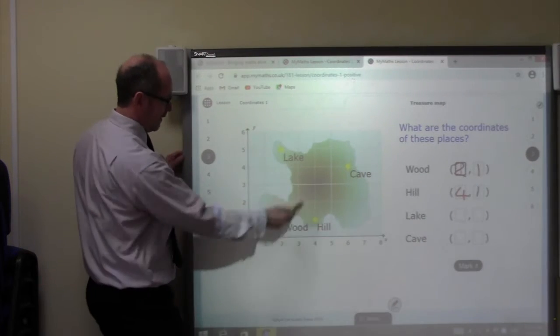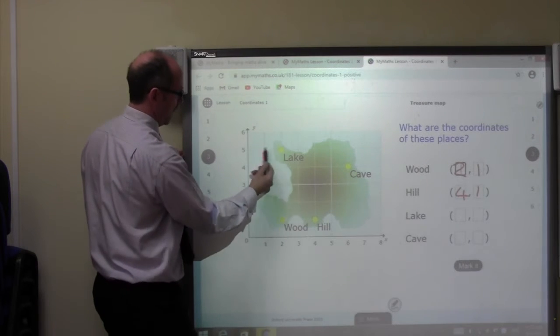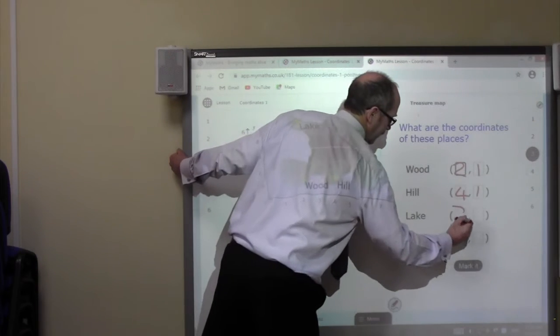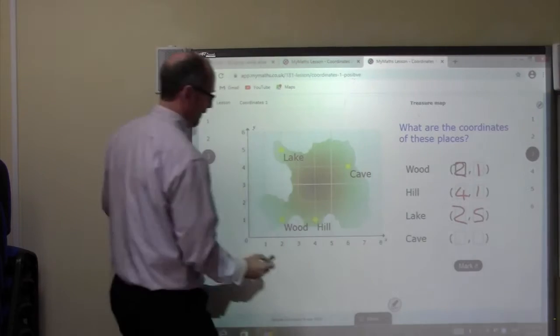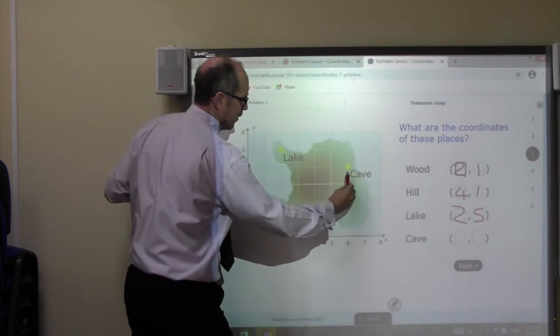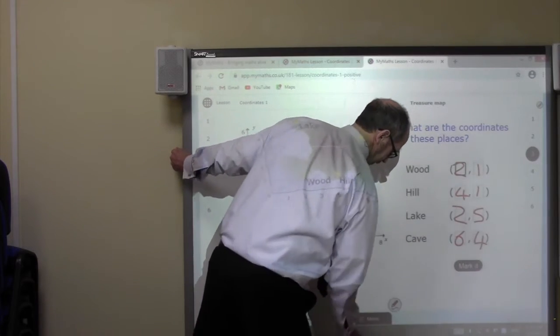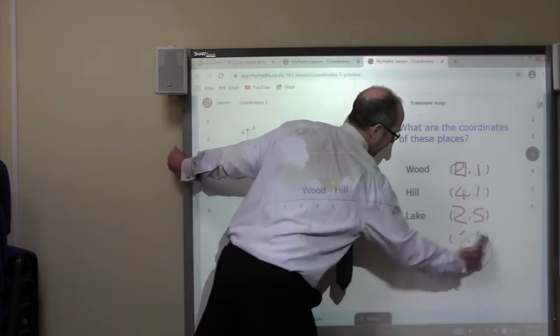Then we've got the lake over here, 2 along and 5 up. And the cave, you go along first, 6 along and 4 up. Okay so far.